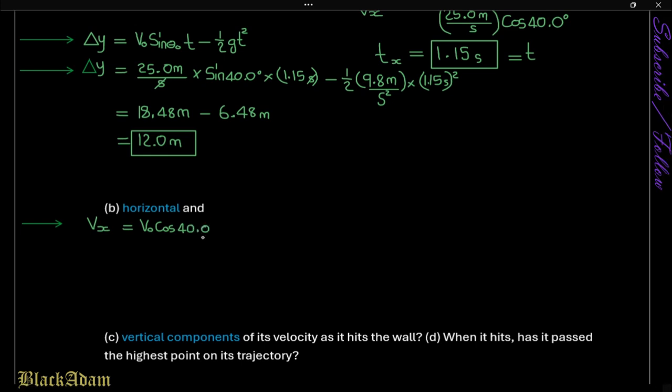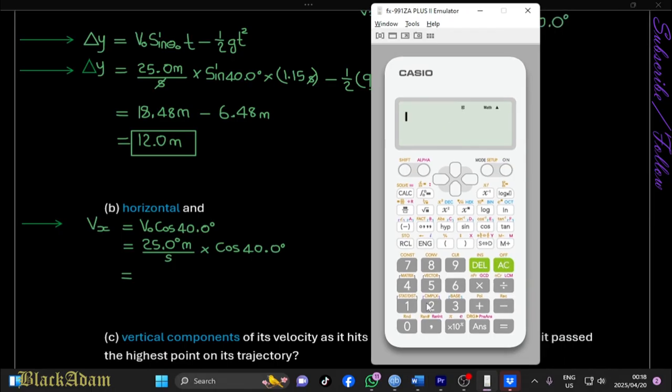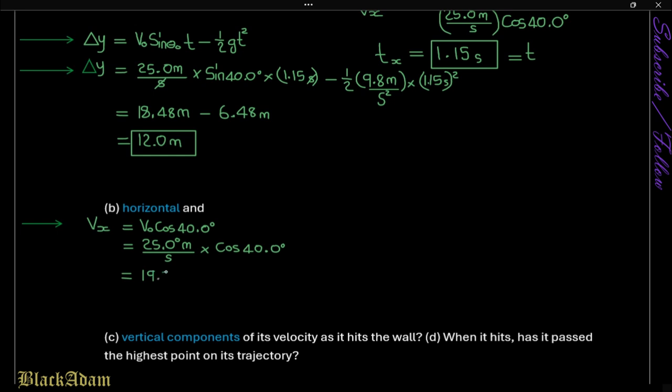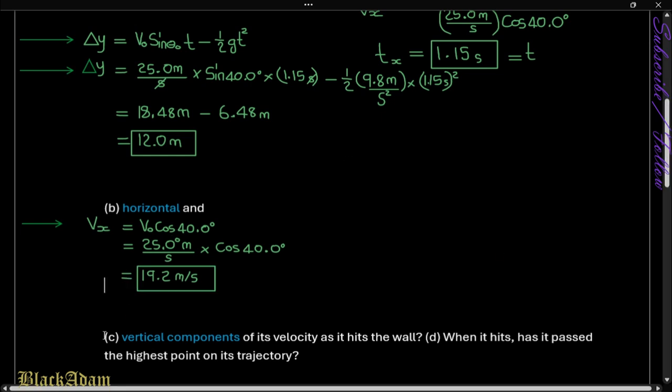We don't have acceleration effects on horizontal movement, so that's 25.0 meters per second multiplied by cos 40 degrees. Simplifying, 25 multiplied by cos 40 gives us 19.15, so rounding off to three significant figures, that's 19.2.